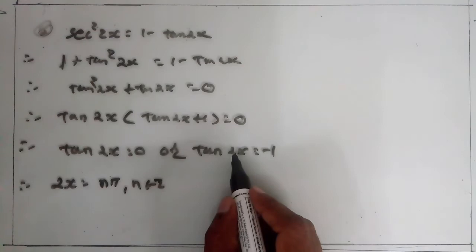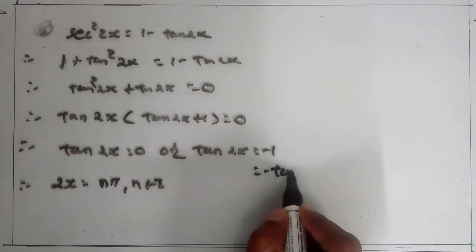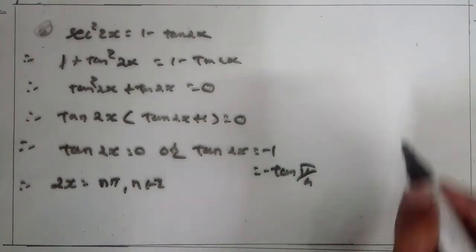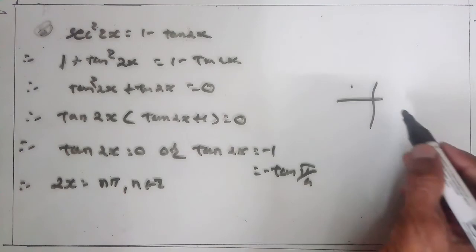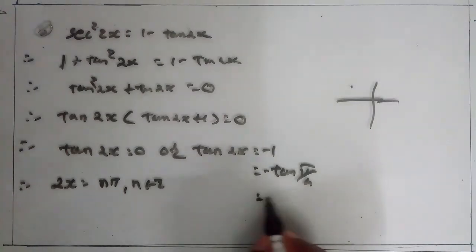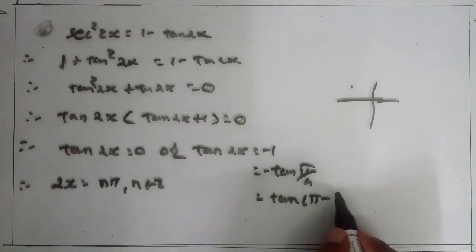Clear? And change this into tan form, minus tan pi by 4. Now think where the value of tan becomes negative. In the second quadrant it becomes negative, so change into general form. So tan pi minus pi by 4.